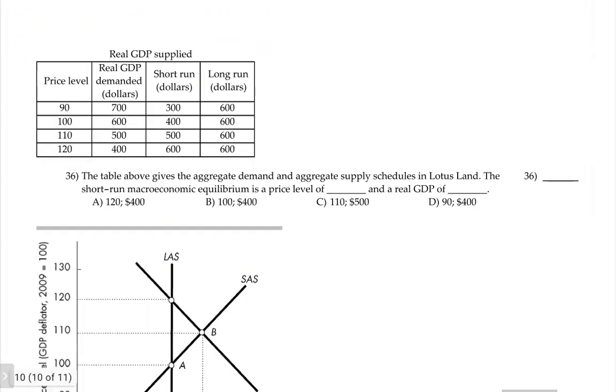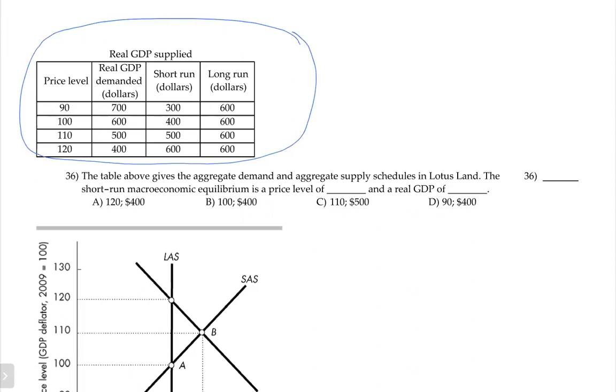Now we go to 36. The table above gives the aggregate demand and aggregate supply. The short run is... Right, so this is the same table we have studied. But in the previous question, we looked at long run. Now this question asks, what is going to be the short run equilibrium?